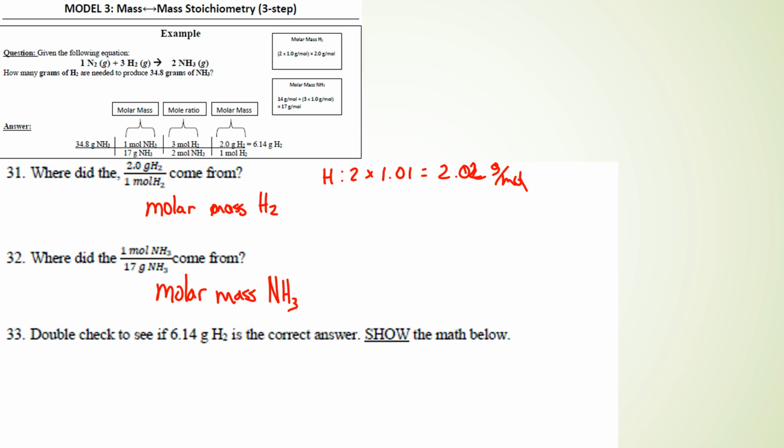And again, so I would look at this more. We have 1 nitrogen, 3 hydrogens.